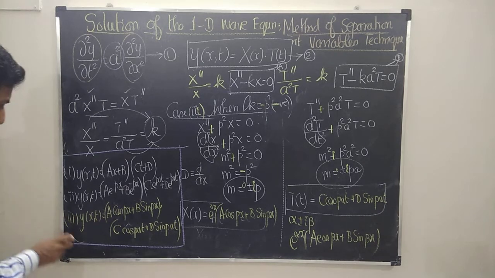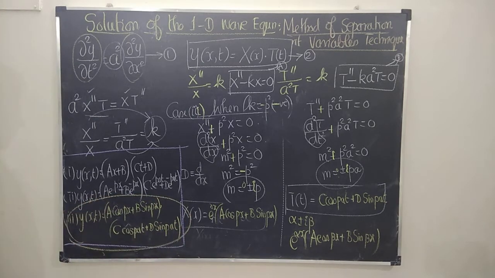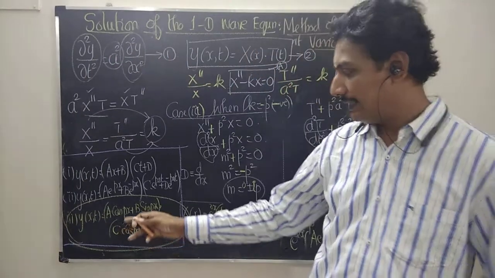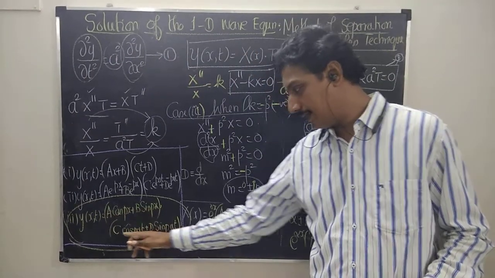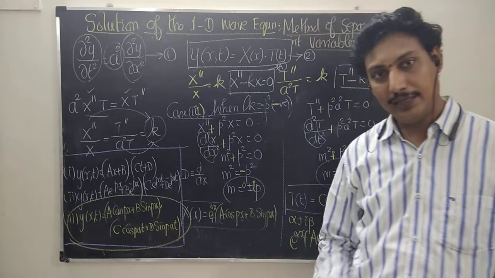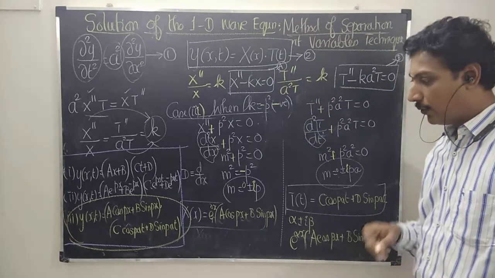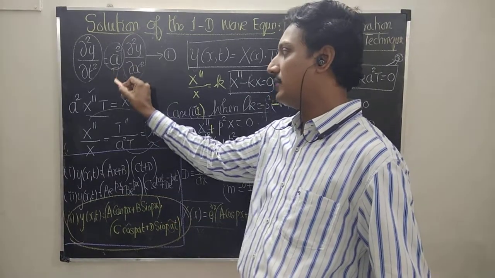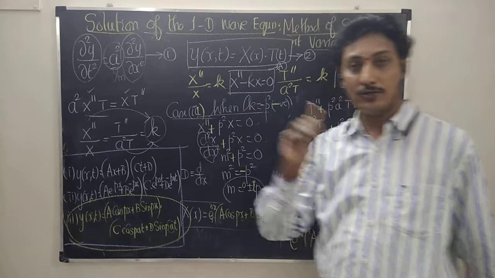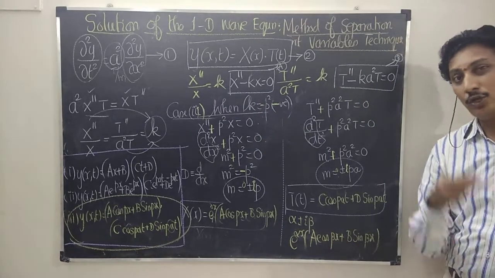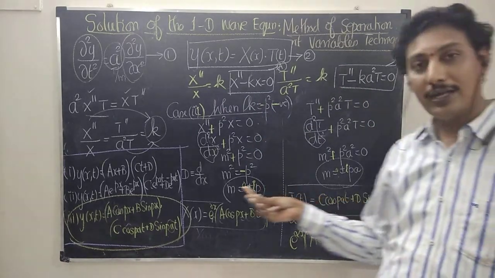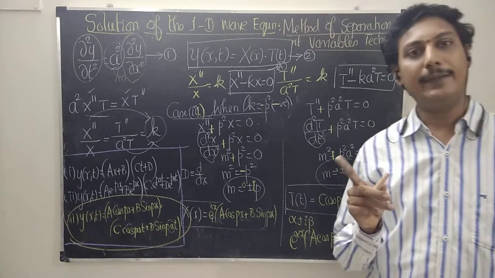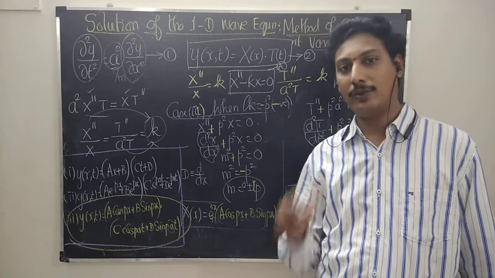In this correct solution, there are some unknowns like arbitrary constants A, B, C, D and p. What about small a, sir? Small a is nothing but tension of the string by mass of the string, so it is a non-zero, known constant. So the other unknown constants are capital A, capital B, capital C, capital D and small p.